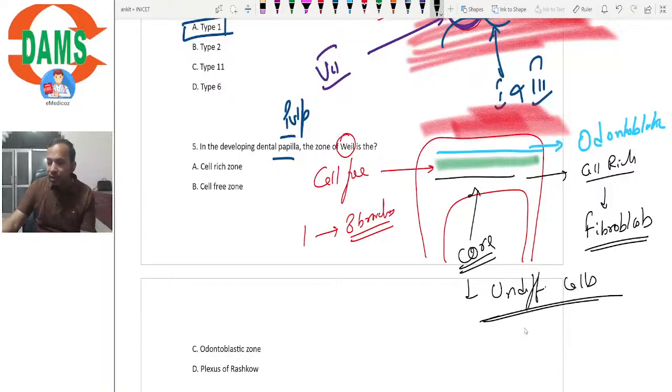So the large blood vessels, the large nerve trunks, and the undifferentiated cells are mainly found here. It does not mean that the fibroblasts or the different cells will not be found here. They are also found here, right?